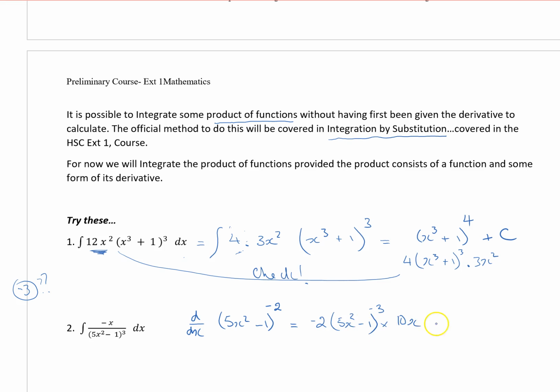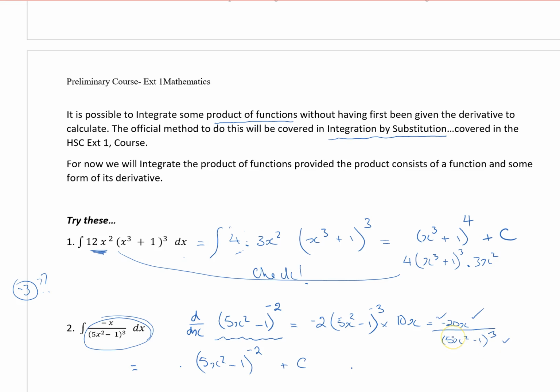And let's have a look at what we get when we simplify all of that. We get a -20x, negative index. At least we're getting the bracket to the power we want, and 5x squared minus 1 to the power 3.